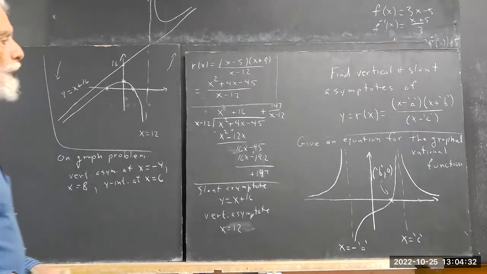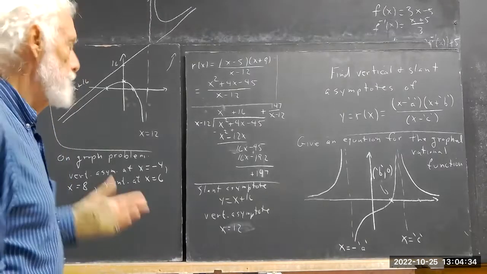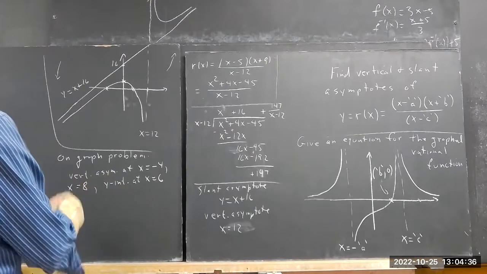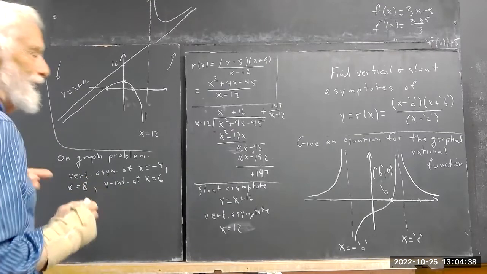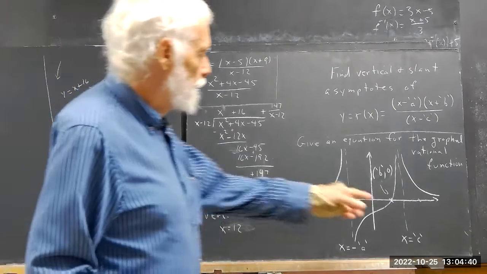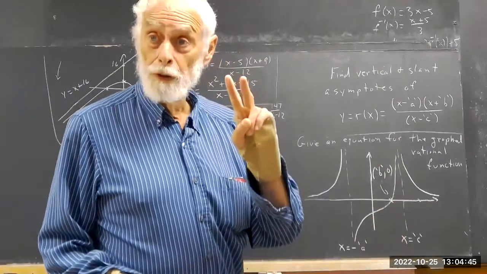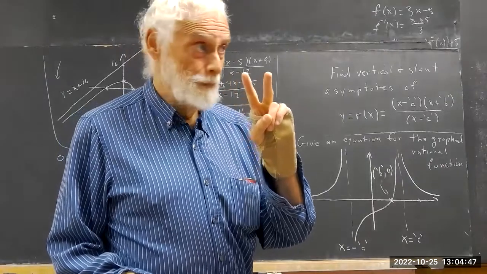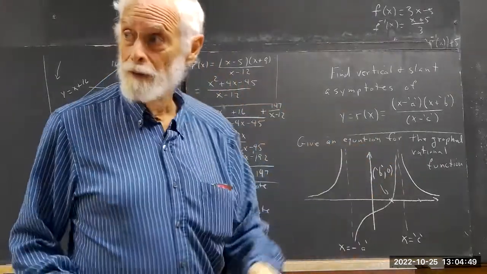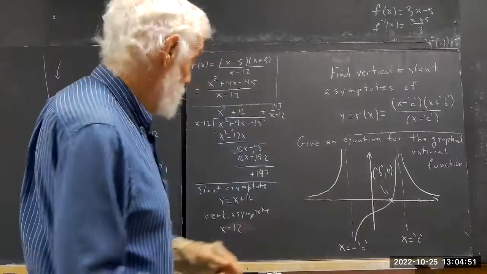The other thing is we want to note that the vertical asymptote here is multiplicity 2. I didn't look closely to see if anybody missed that part, and you want to be aware of that.